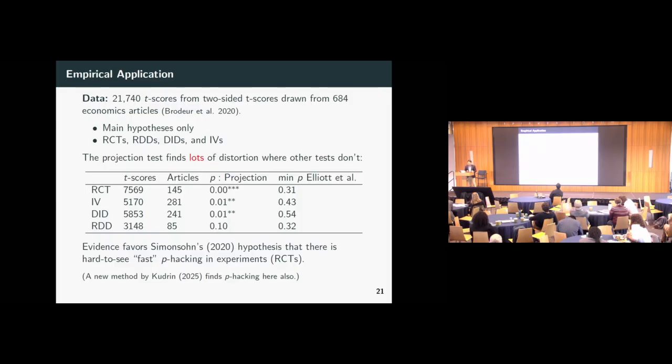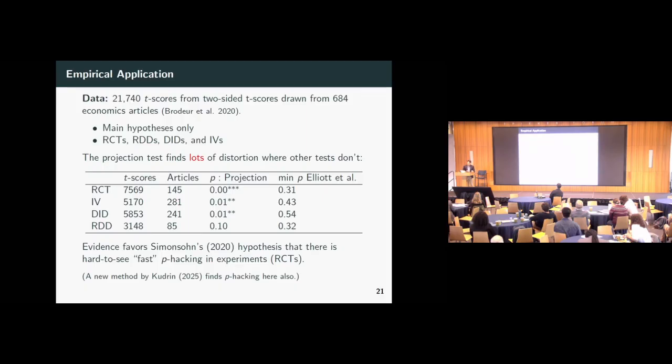We find that the projection test, its p-value is in the 4th column, finds p-hacking in RCTs, IVs, and DIDs. However, none of the 5 tests in Elliott et al. find any evidence of p-hacking in any of these subsamples of the Brodeur et al. data set. What does this mean?